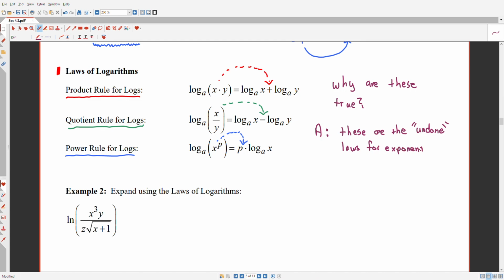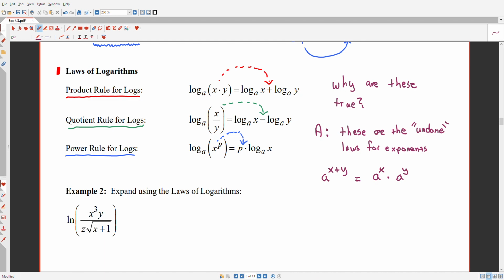Exponents, which are supposed to be the inverse of logs, have this complicating fact. If I take a to the x and I add y, if I add two exponents, so I'm doing a to a sum, that gets broken up into a product, a to the x times a to the y.